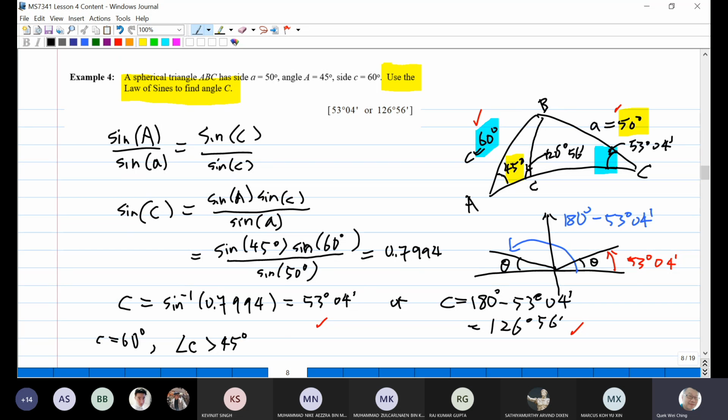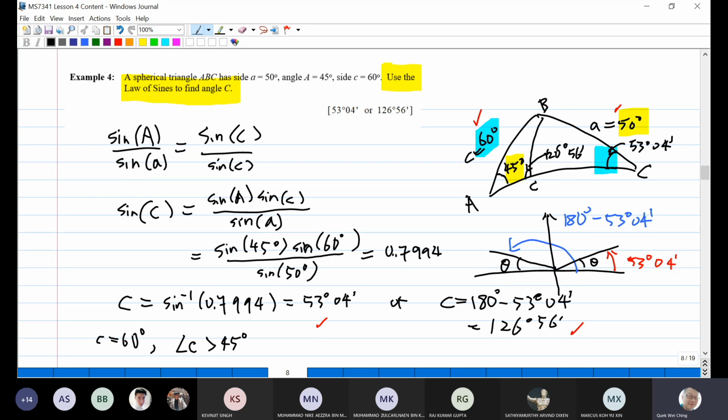So if you draw the triangle with a different C, if you draw the smaller angle, you can see it is 126 degrees 56 minutes here. This is also a possibility, because the bigger 60 corresponds to 126 degrees 56 minutes. Whereas if you find C is 53 degrees 4 minutes, that also works, because you draw a bigger triangle.